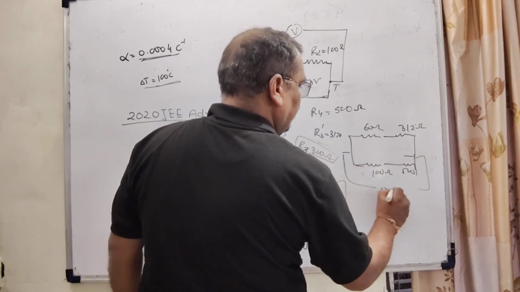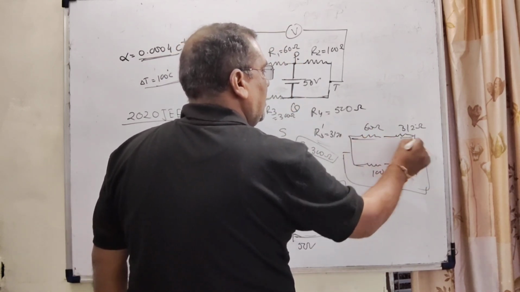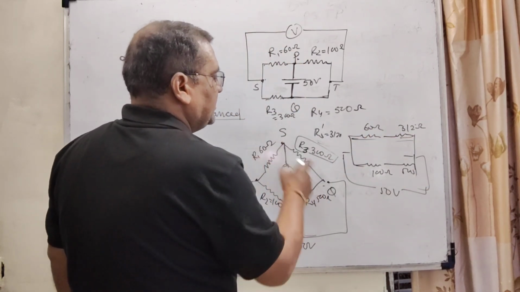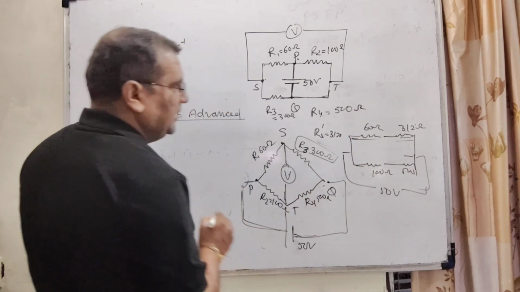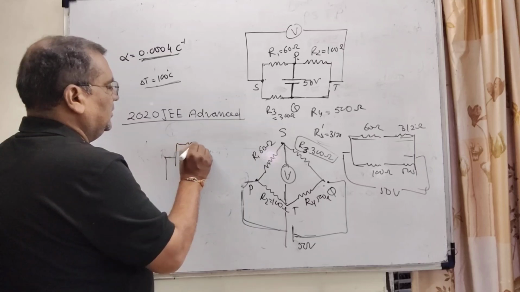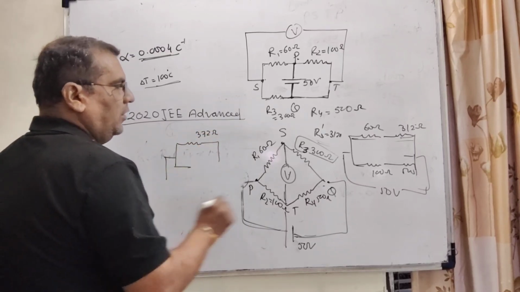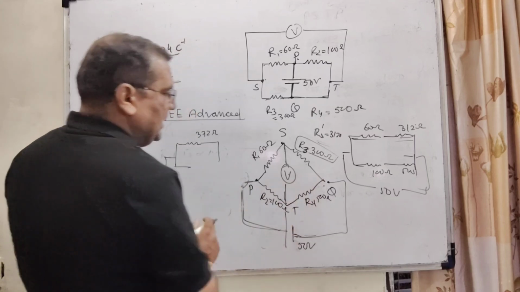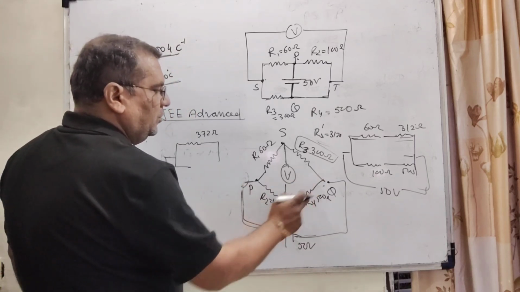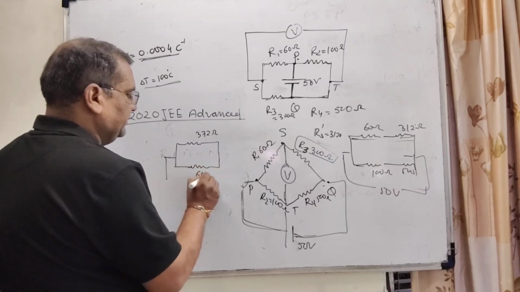The 50 volt battery is connected across both. So the net resistance of the path PSQ is 372 ohm, and the net resistance of the path PTQ is 500 plus 100, that is 600.